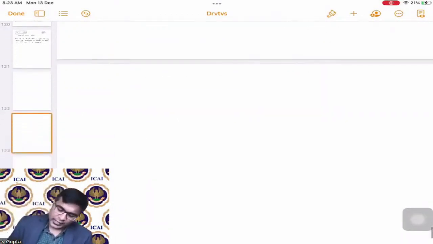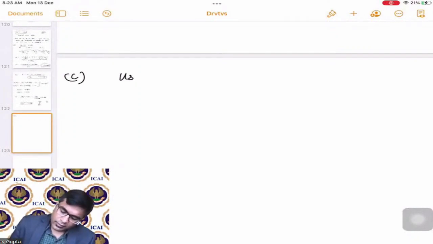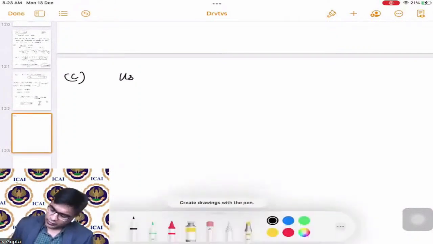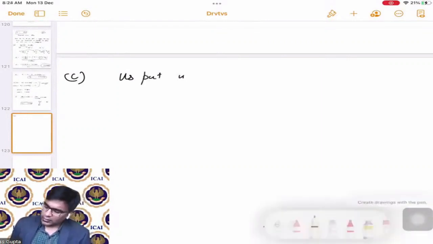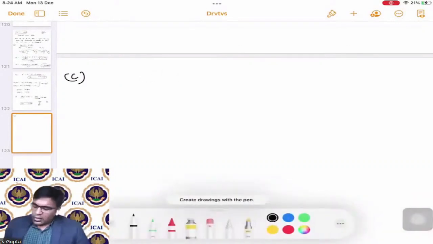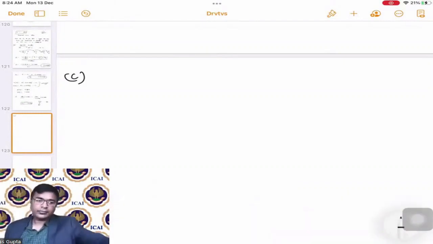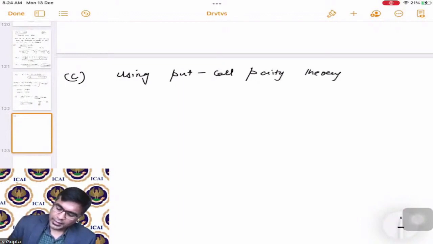So let us see how we can use the put call parity theory here, using put call parity theory.